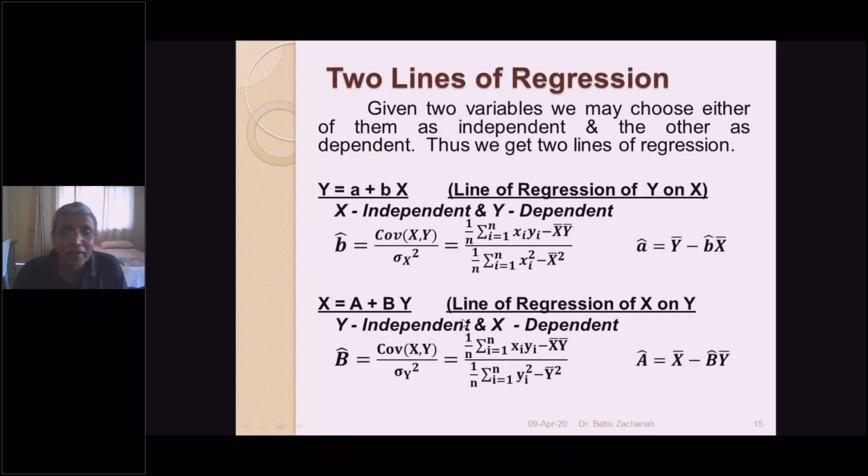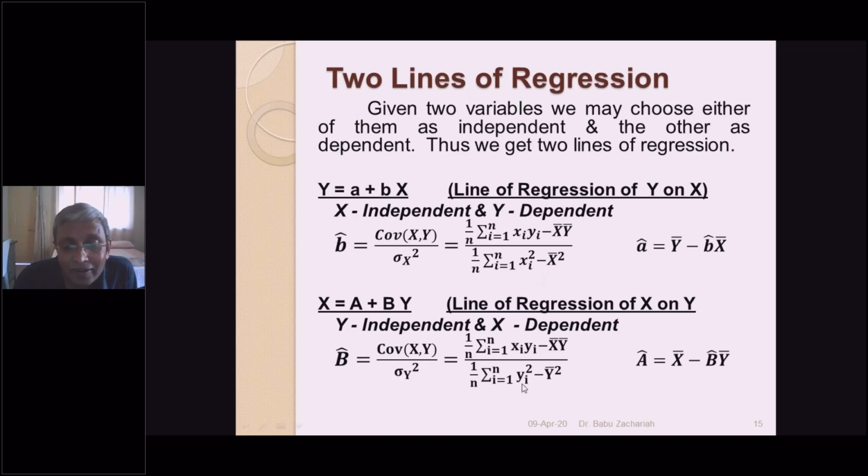What all we have to calculate, please remember. To get the two lines, you need x bar, y bar. Then covariance between x, y. So you have to calculate x into y column. And sigma x square. So you have to calculate xi square column. And sigma y square.